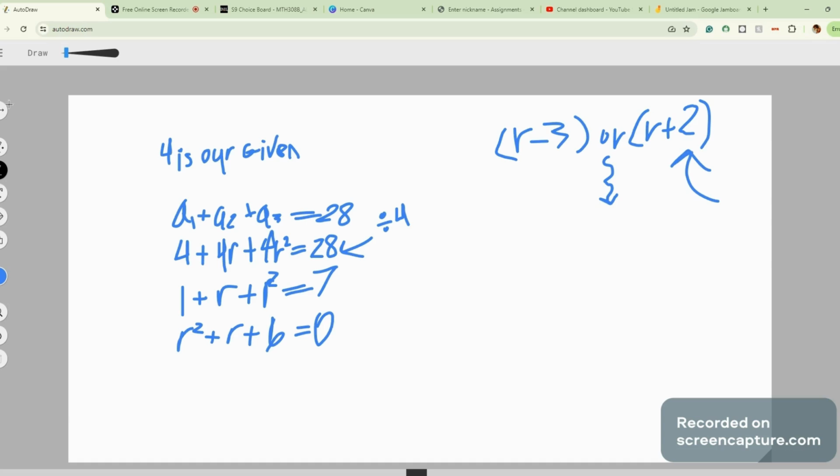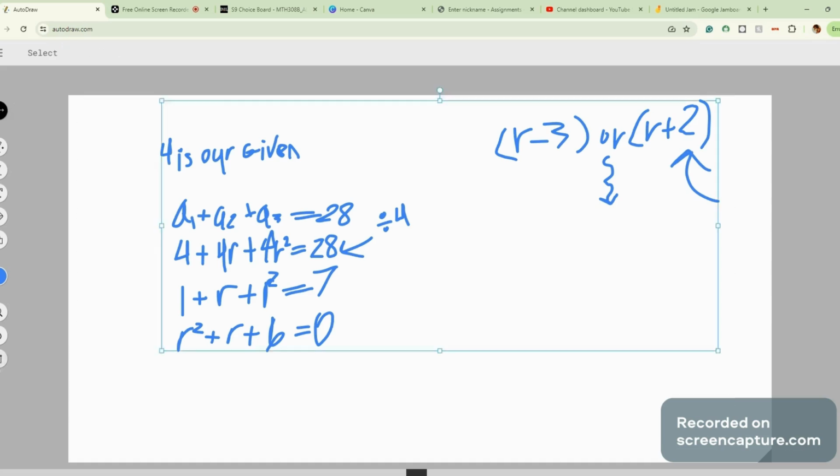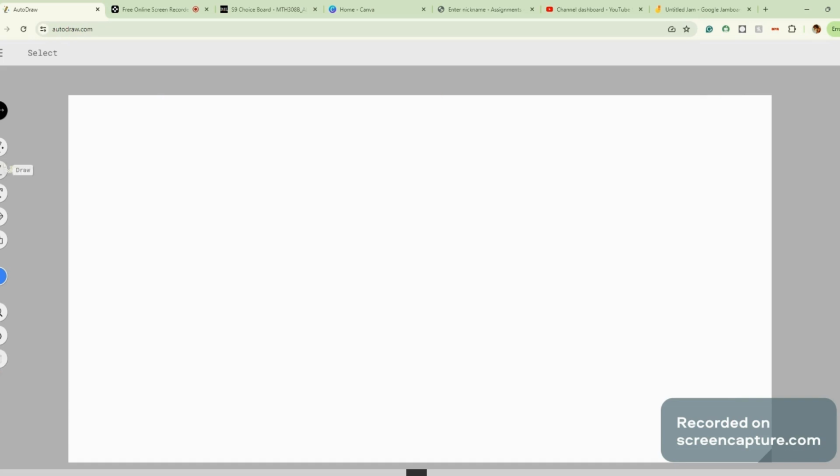So anyways, now that we have factored the quadratic, now we know our nth term is supposed to be 7, and our A1 is 4, and the common ratio, all of that.